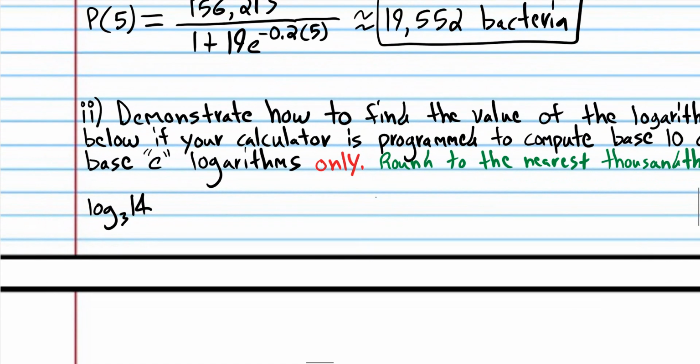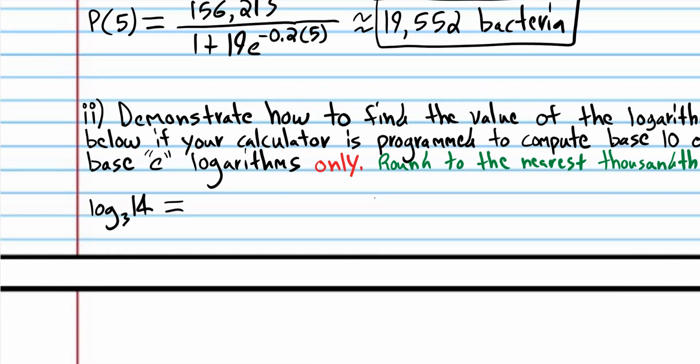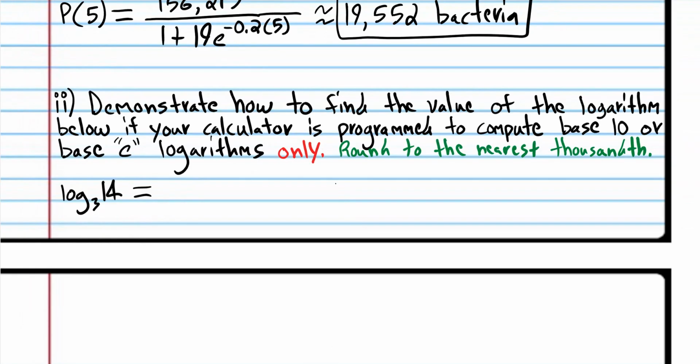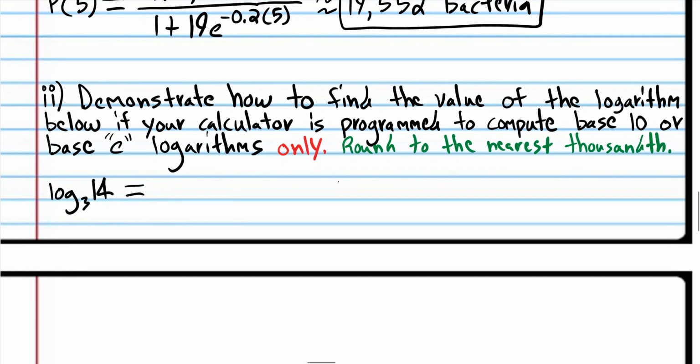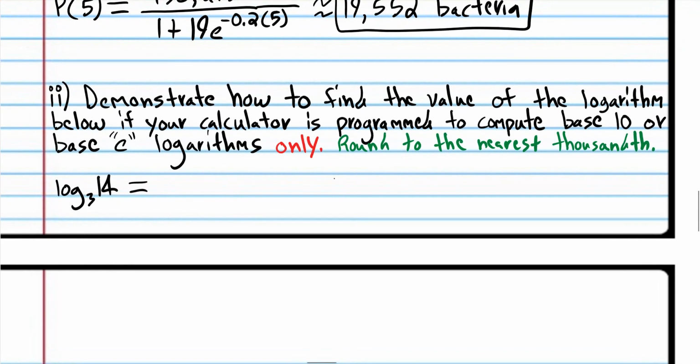Okay, we're back. So let's say that our calculator doesn't have the ability to compute any base logarithm. So we have to use base 10 or base e, because calculators that are not very sophisticated only do base e and base 10 logarithms.